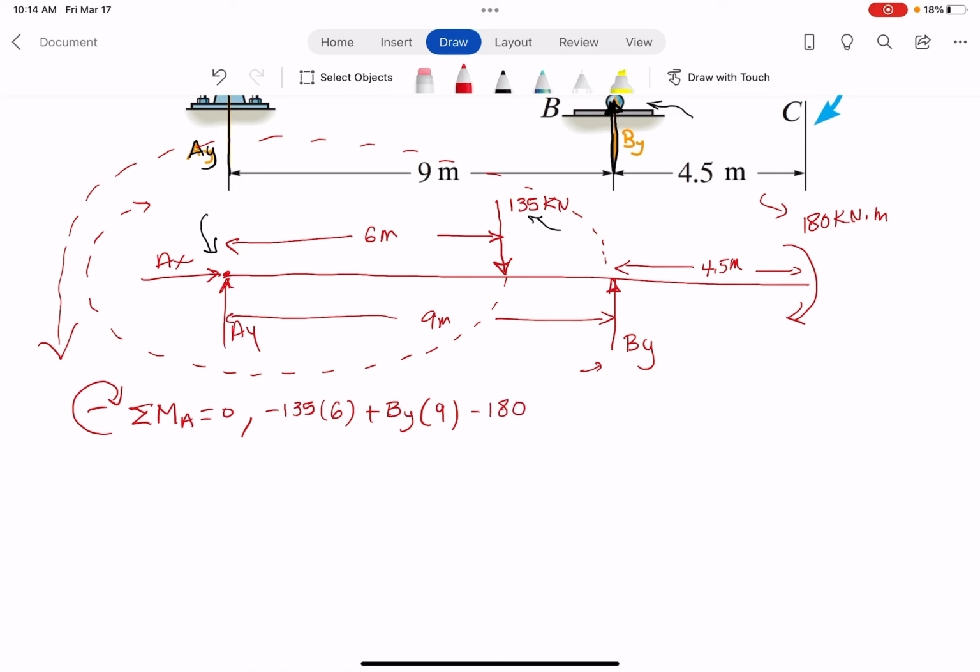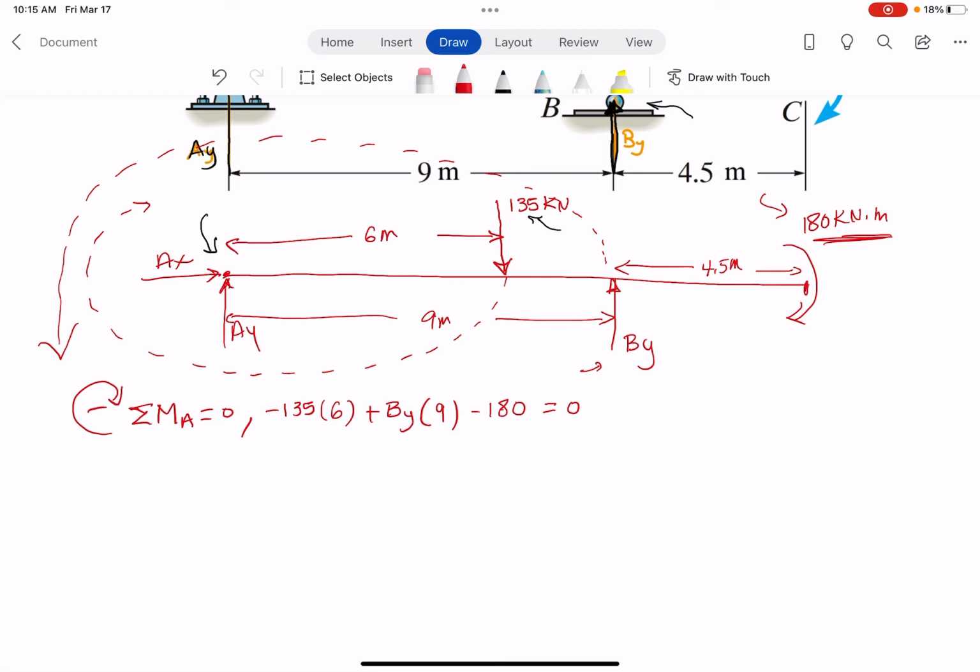A lot of students multiply this moment by the distance, 4.5 plus 9, and that is wrong. This moment is a moment. You just add it to the summation of moment without multiplying it by any distance at all. This is equal to 0.